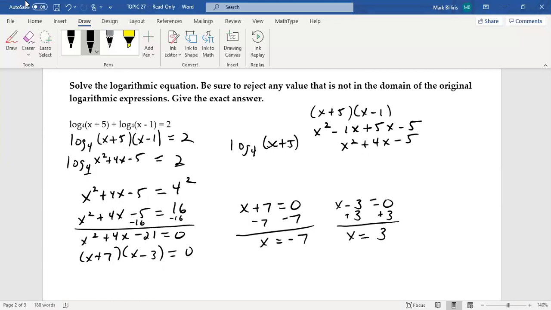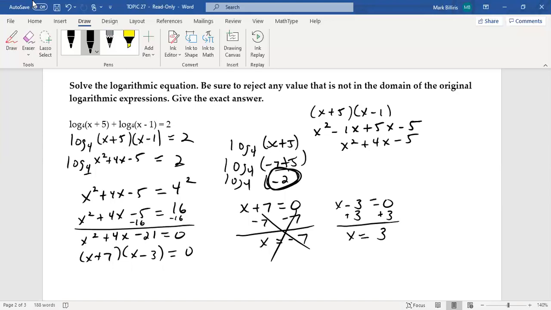Notice when I plug negative 7 in for x, I would have log base 4 of negative 7 plus 5, and that would give me a negative argument. Can't have a negative argument. Remember, this value has to be greater than 0, so negative 7 cannot be a solution. You would check it with both, but since it didn't work on the first, that's all you need to reject that.